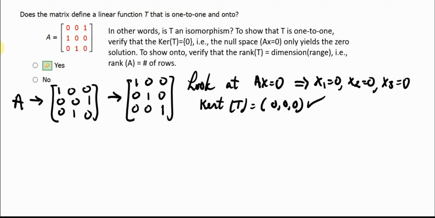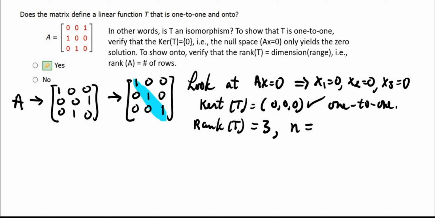So that shows it's one to one. And then for onto, now the rank of T, notice that I have 3 leading ones, so the rank is equal to 3, and n, the number of rows that we have, is 3.